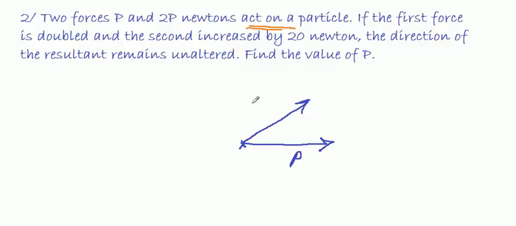2P. So now we know that we are going to use the parallelogram law of vector addition. So let's complete the parallelogram and we label the points. So this is point A, B and C. Now we complete the parallelogram.